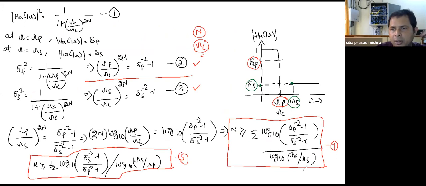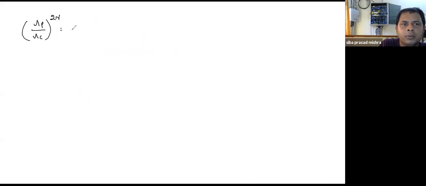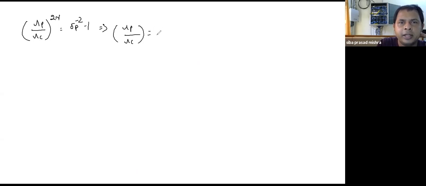If you use equation 2: omega p by omega c to the power 2n equals 10 to the power minus 2 minus 1 (del p to the power minus 2 minus 1). Then from here you can find the value of omega c. How to find? Simple. Omega p by omega c equals (del p to the power minus 2 minus 1) whole power 1 by 2n.